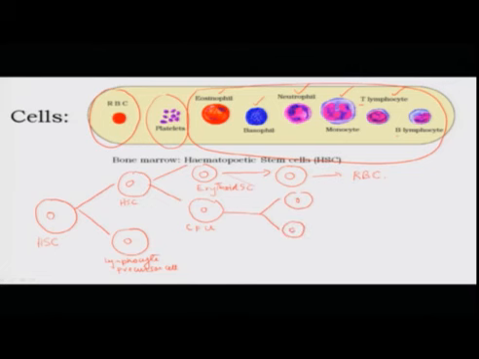One of them is going to be a precursor for all the WBCs that I have talked about before, the basophils, the neutrophils, the monocytes, other than the lymphocytes. And the other cell is going to be a precursor for what is known as a megakaryocyte.